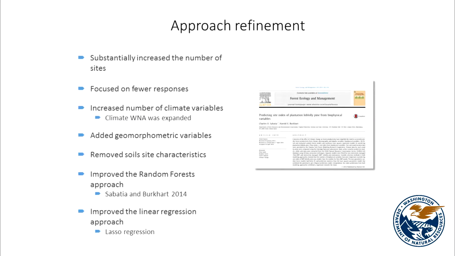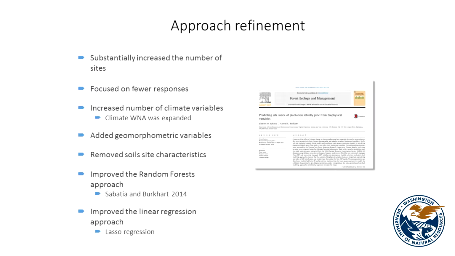And so as I mentioned, we wanted to refine our analytical approach, and we did that by increasing the number of sites that we had. We wanted to focus on fewer responses, so fewer different growth traits. More climate WNA variables were available since we first started this project. We also added geomorphometric variables.